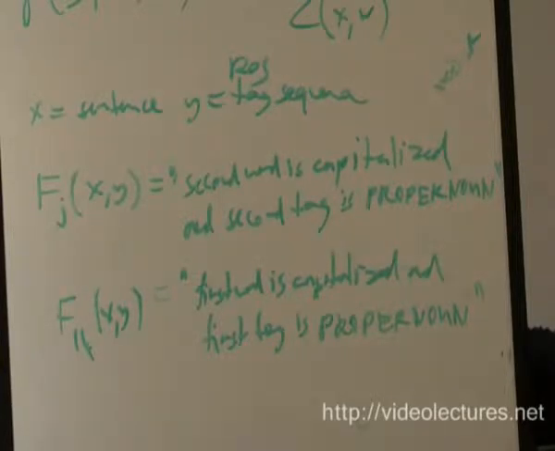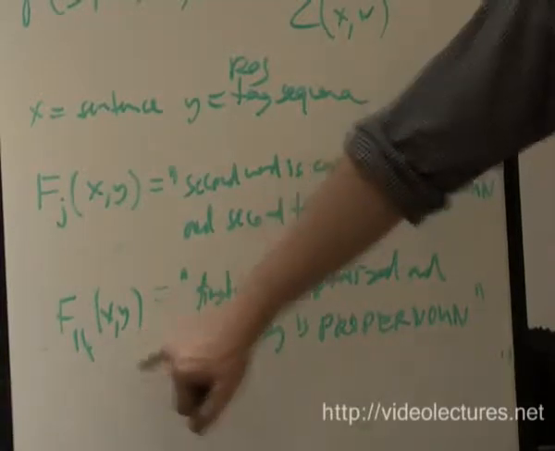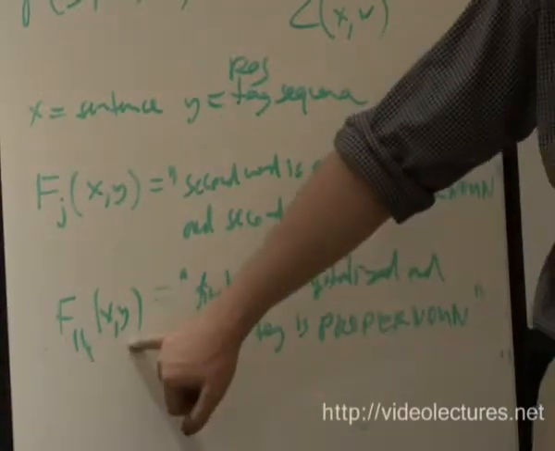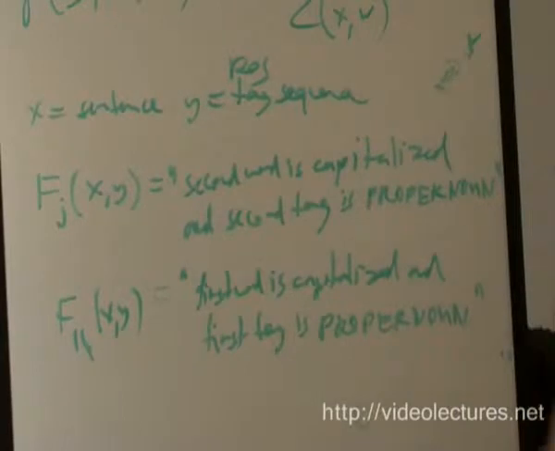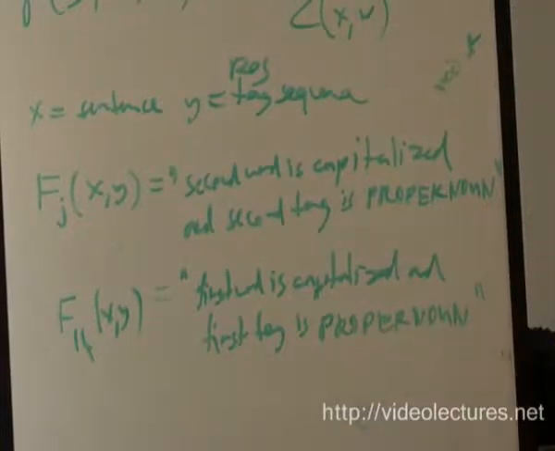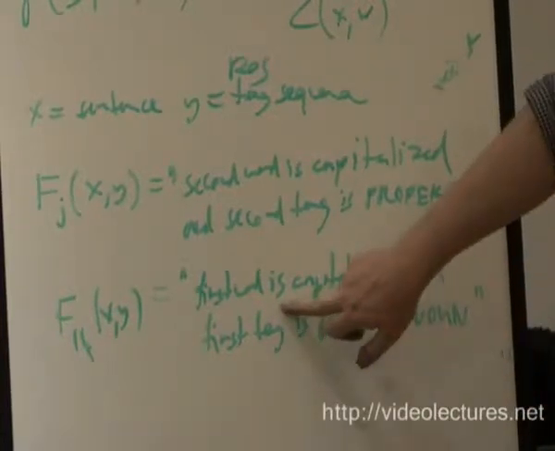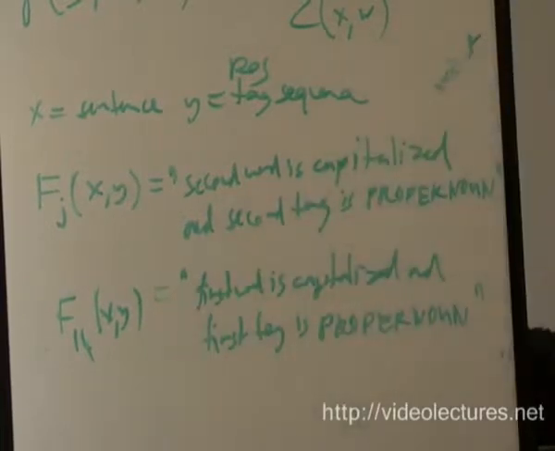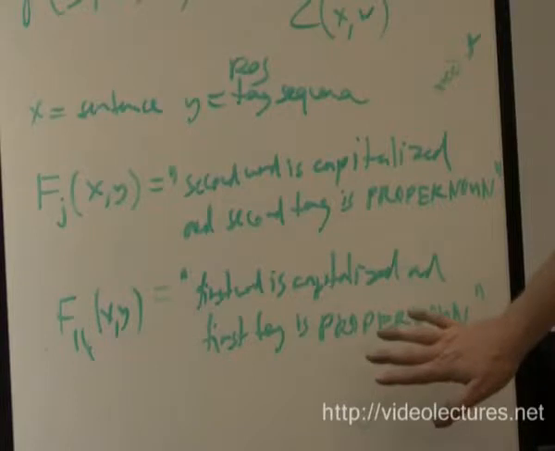But there are going to be lots of sentences, lots of XY pairs where Y is the correct answer for X, but this feature function is 0. Those are going to be sentences which have a first word which is capitalized, but that first word is not a proper noun. And so the weight W14 that we learned for this feature is going to be pretty small.